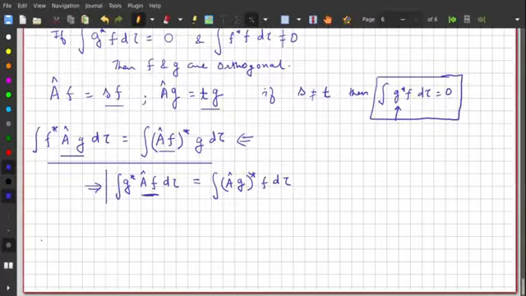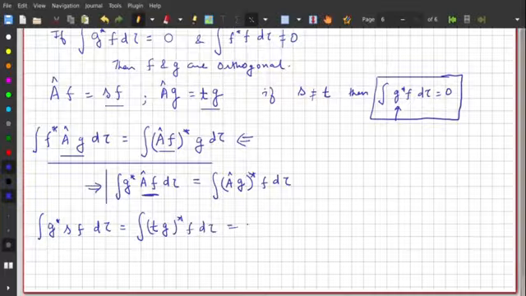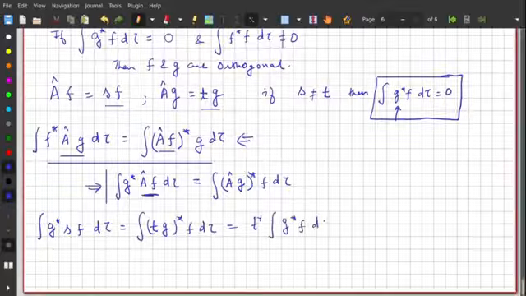So that will become the integral of g star s f d tau, and that is equal to the integral of t g whole star f d tau, and then this becomes t star times the integral of g star f d tau.